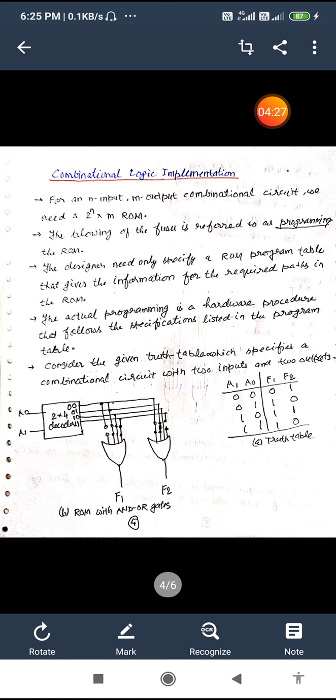The first method is shown in figure B. Here we have F1 and F2, using the OR gates and a decoder with 2 inputs, 4 outputs, and 2 functional outputs. For F1, 0111: 0 means the fuse is blown, 111 means the fuse is intact. For F2, 1010: the first is intact, second is blown, third is intact, fourth is blown.